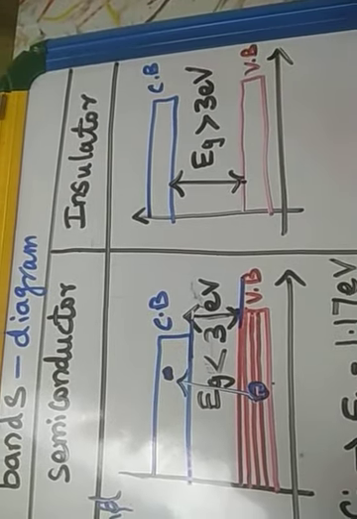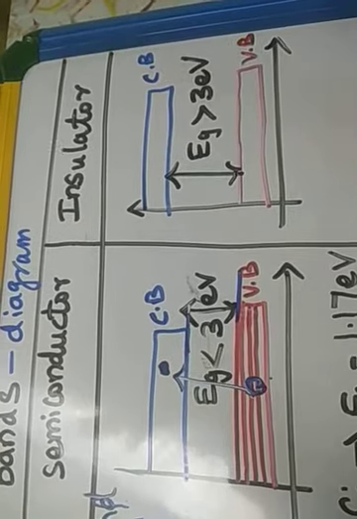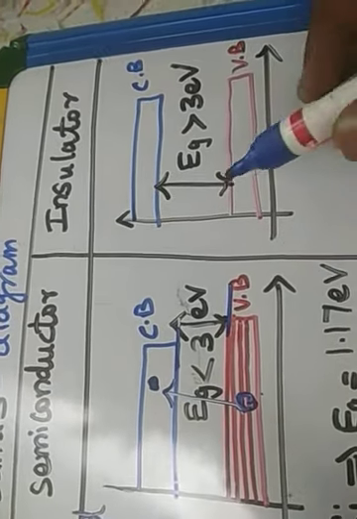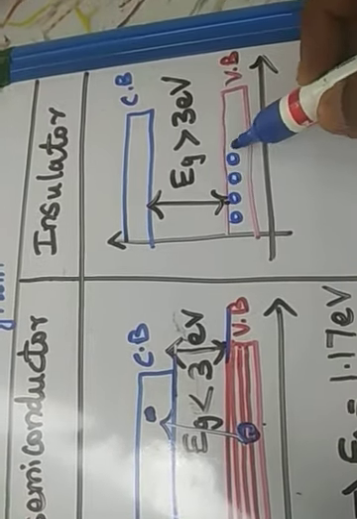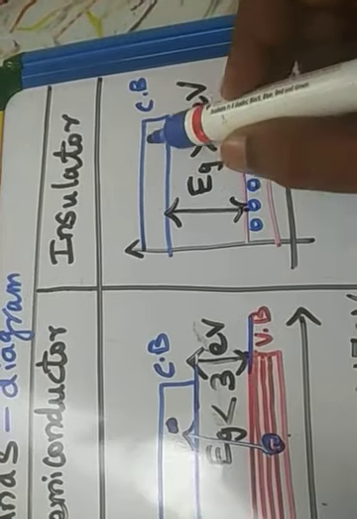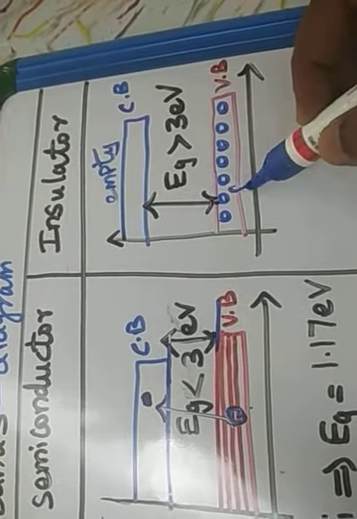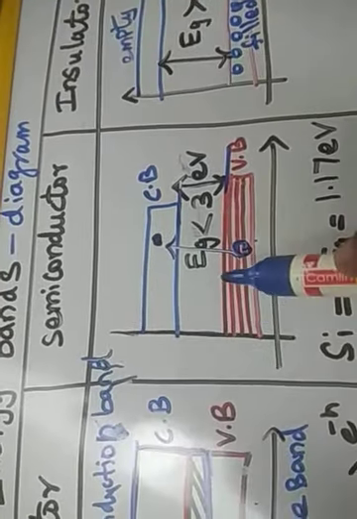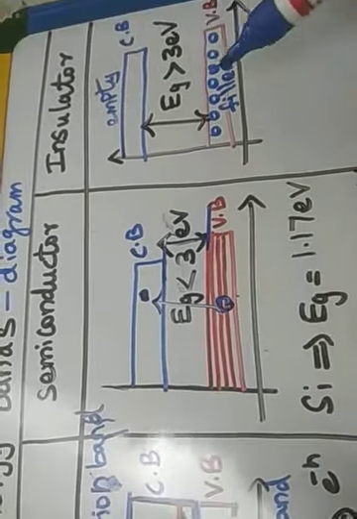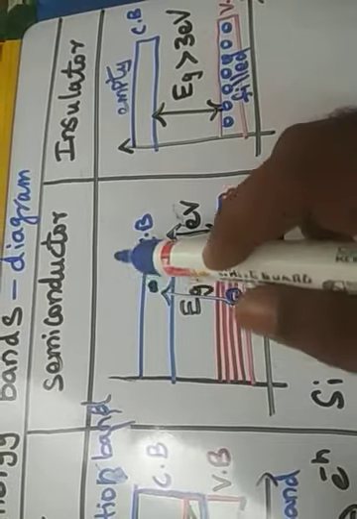So you can remember that an insulator is a material which does not give any free electrons. All the electrons are occupied in valence band, no electrons in the conduction band. So the conduction band of the insulator is empty and the valence band is completely filled. But in semiconductor, initially at 0 Kelvin the valence band will be completely filled. There are no free electrons.